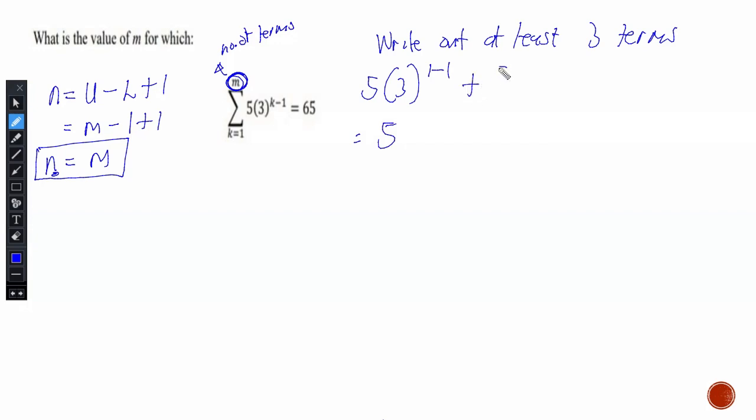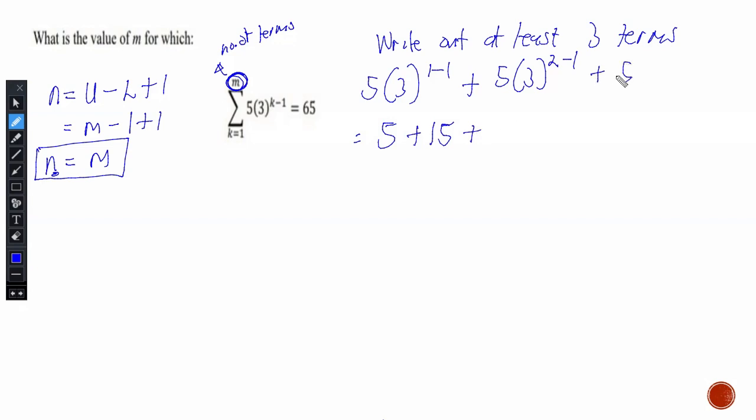Then followed by, we have 5, 3 to the exponent of 2 minus 1. This will give us what? So 5 times 3 to the exponent of 1, so this will give us 15, right?